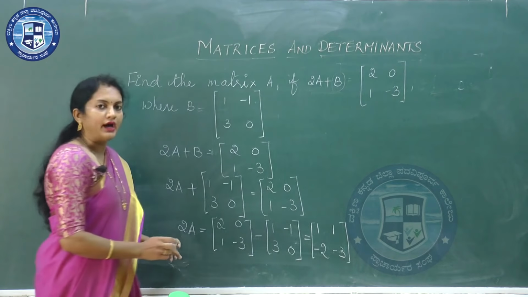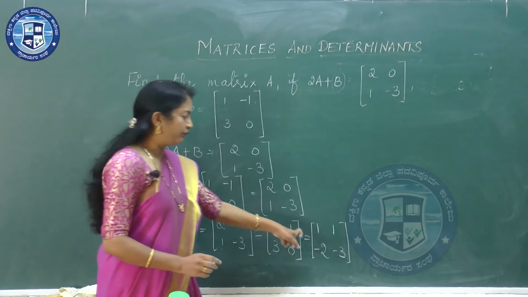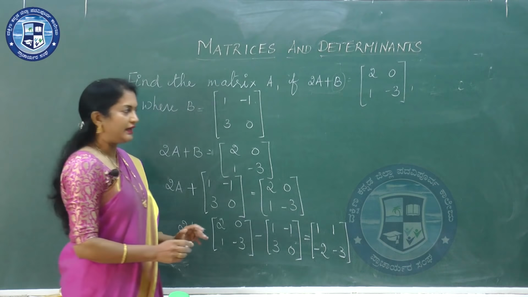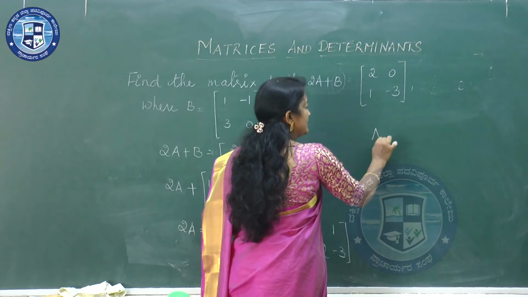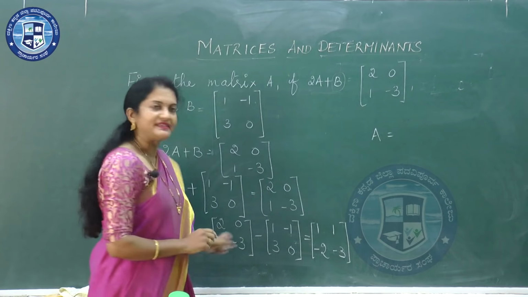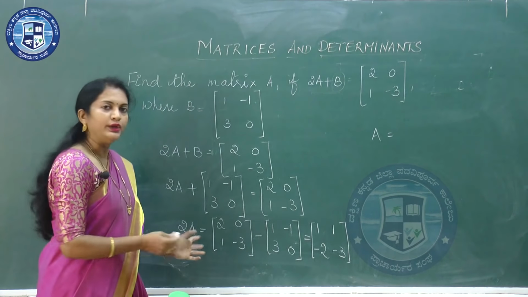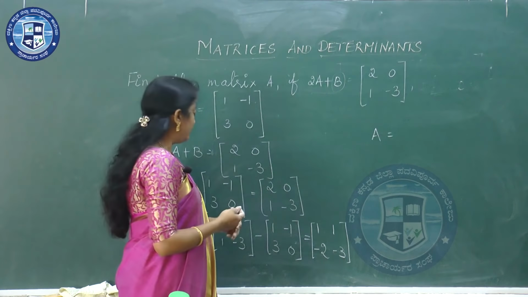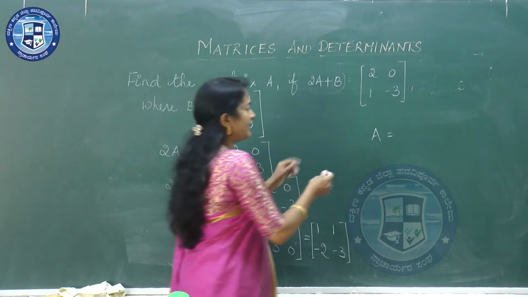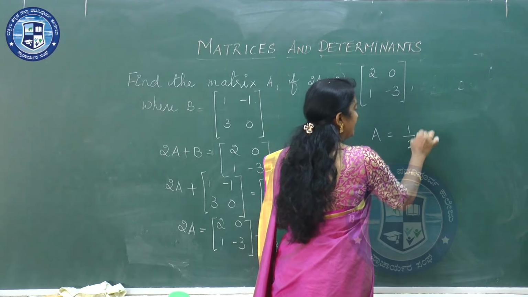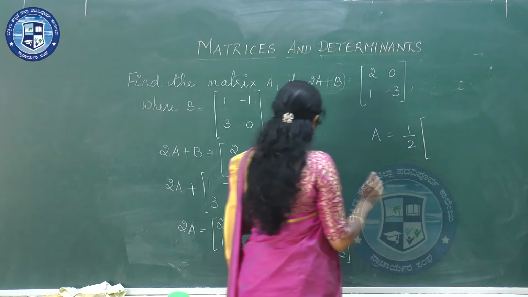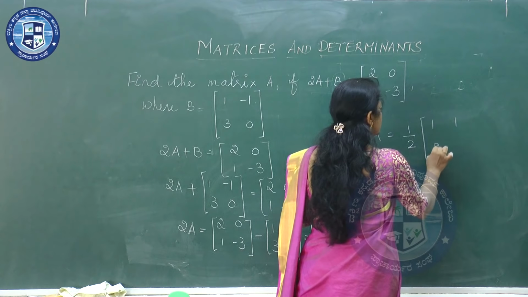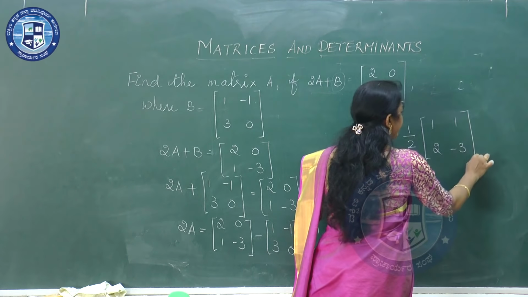We get now 2A is equal to 1, 1, minus 2, minus 3. But you have to find what is A. So A is equal to, we divide both the sides by 2 to get A. Both the sides we divide by 2 or we multiply by half. So A is equal to half 1, 1, minus 2, minus 3.